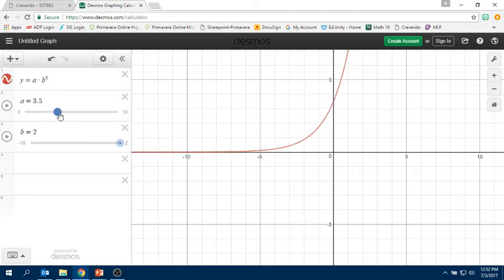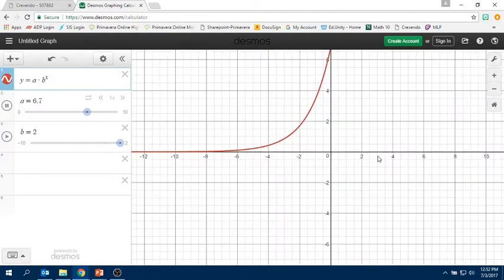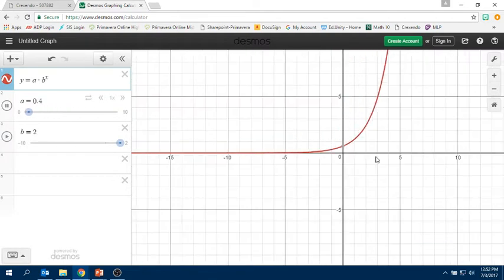If I let this change so that it is now 4.6, notice how the y-intercept is now at (0, 4.6). So we see that changing the a value does not change our horizontal asymptote, but it does change our y-intercept. And it appears to just be moving the graph up. Notice as it's getting steeper there, it does seem to be increasing at an increasing rate.